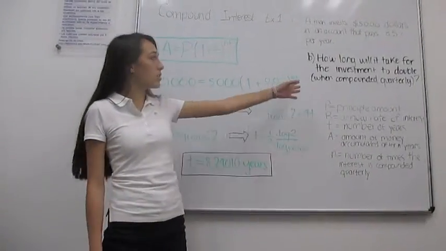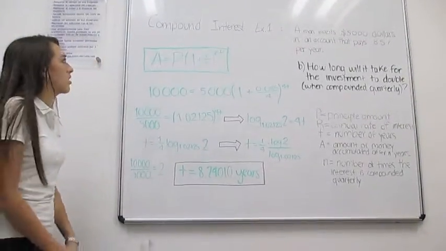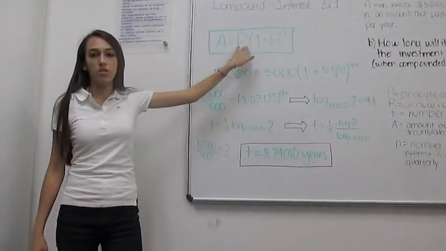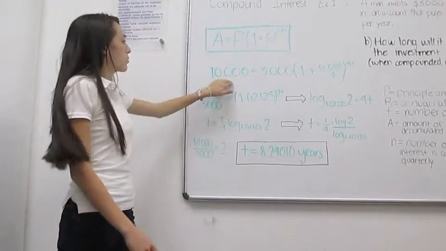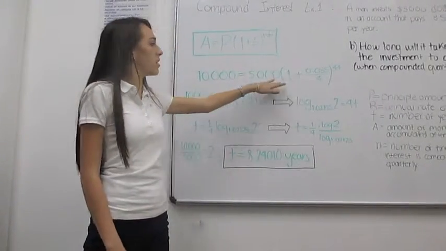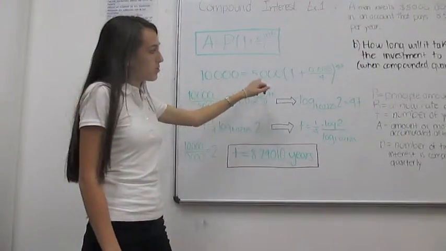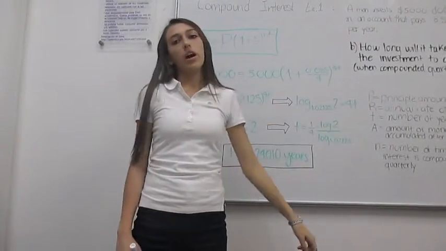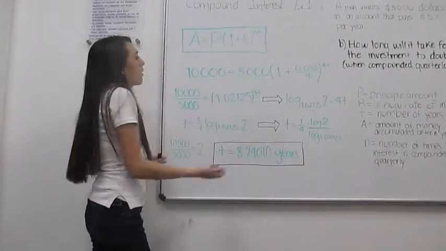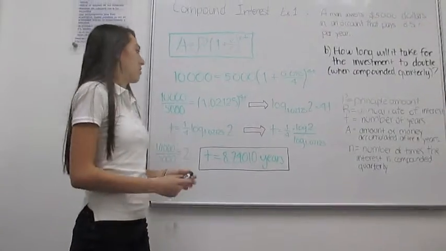Now, how long will it take for the investment to double when compounded quarterly? So, based on this formula, we're only going to change the value of P and double it. That's why we have 10,000, and the equation stays the same. Now, because we need to clear out t, we're going to divide by 5,000 so we have 10,000 over 5,000.